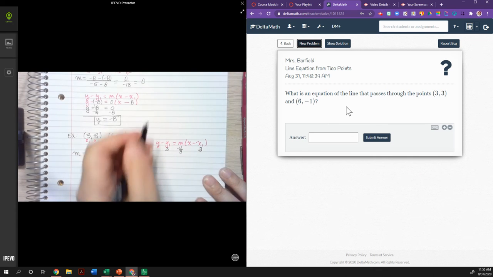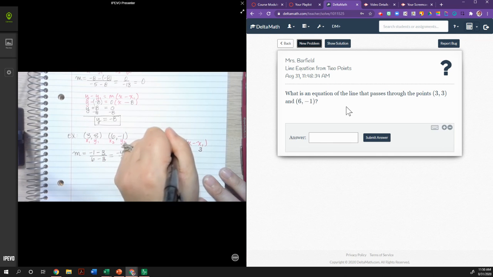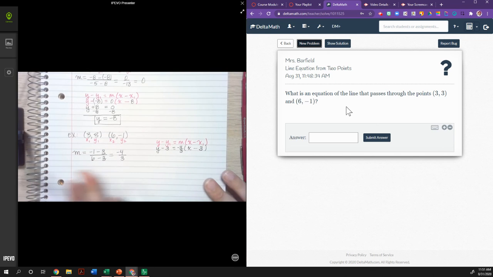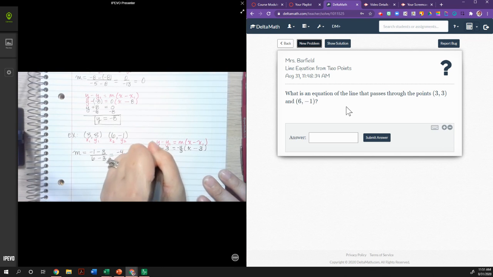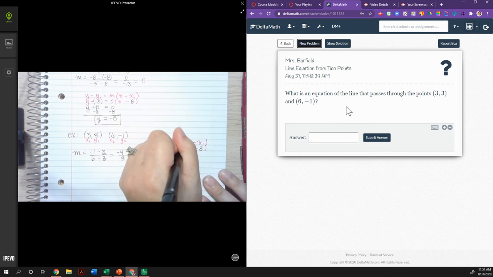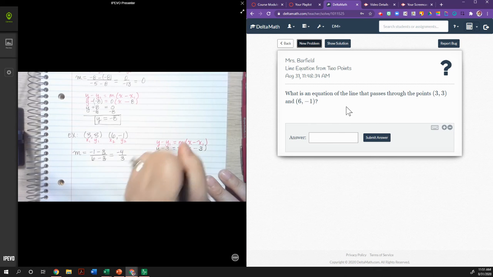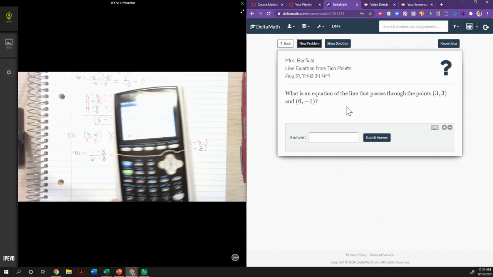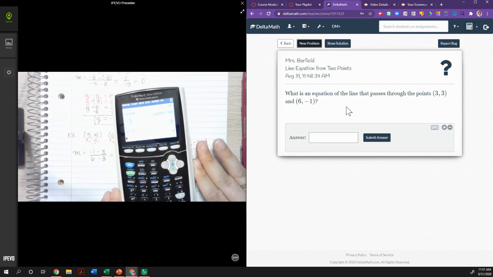Okay. All right, so let's bring down this y minus equals x minus. All right, so y minus 3 doesn't change. All right, negative 4/3 times x. Well, that's just negative 4/3 x. All right, negative 4/3 times negative 3. All right, if you need your calculator. So negative 4/3 times negative 3 gives me 4.